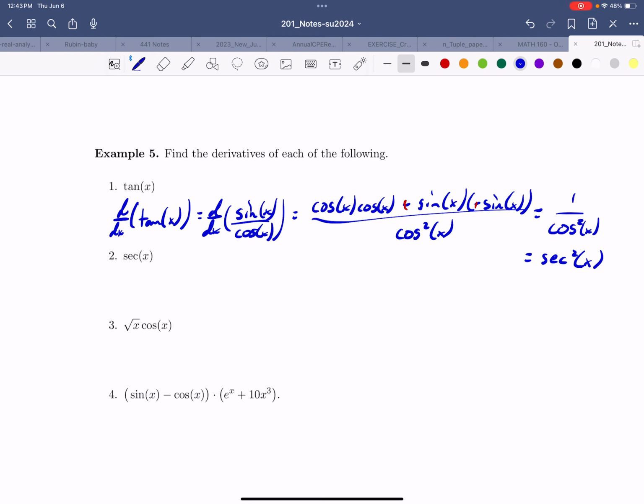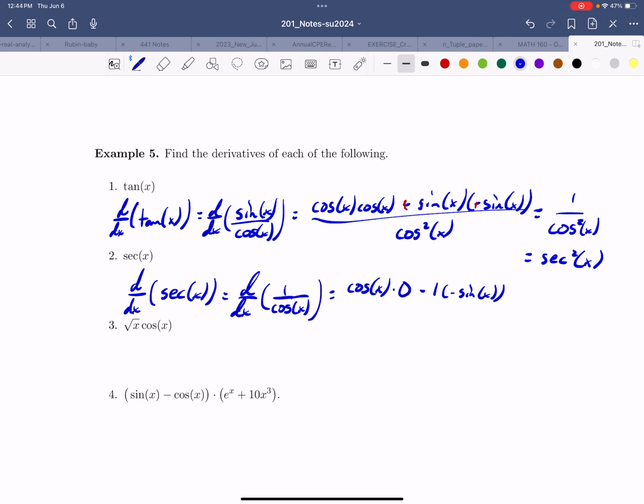What's the derivative of secant of x? Well, I don't know. But I do know the derivative of 1 over cosine of x, which, remember, is what secant is defined to be. So we wind up getting low d high, remember the derivative of a constant is 0, minus high d low, all over low squared.